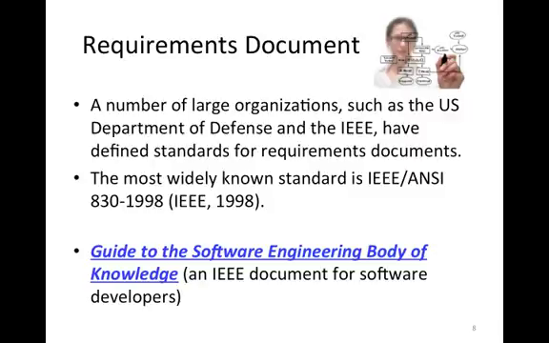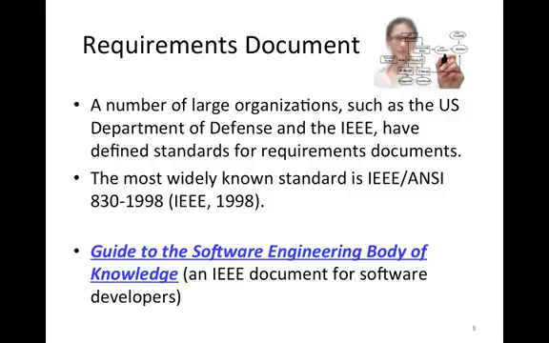Has developed a standard for requirements documents. It's the IEEE ANSI 830 1998 standard. Now, that seems like a long time ago, 1998, and it is. It is still the accepted standard.